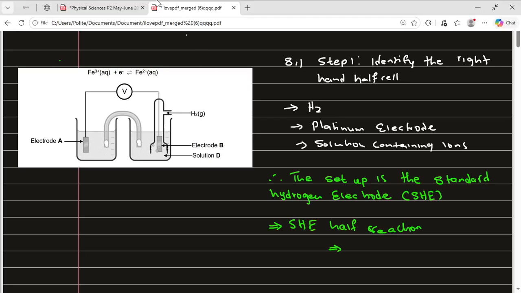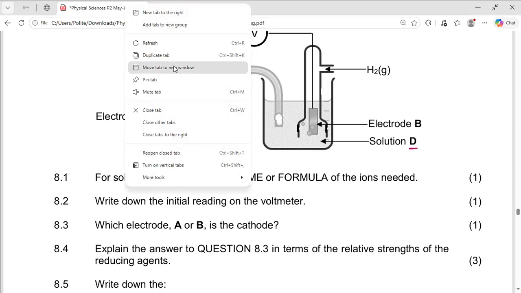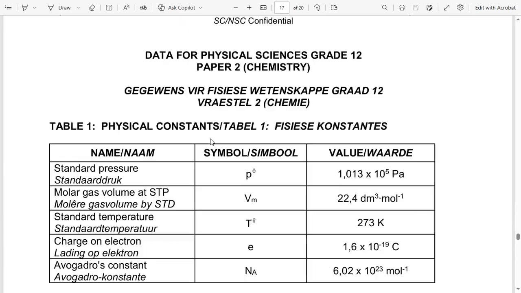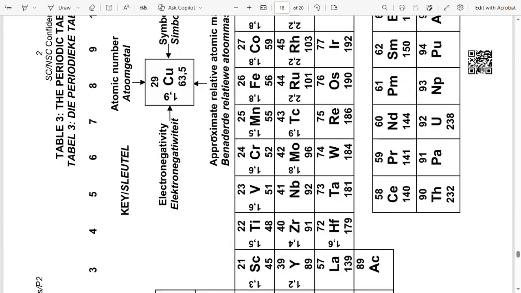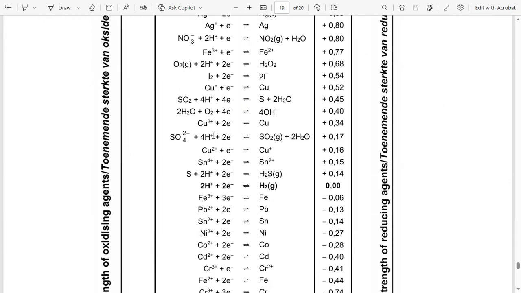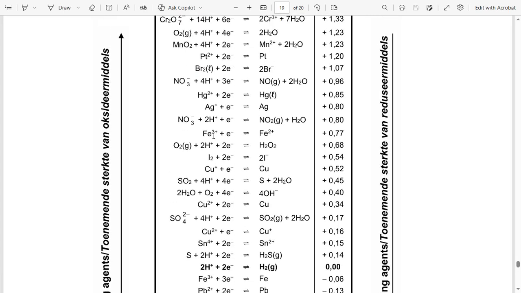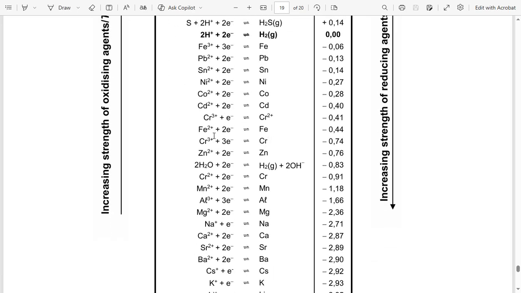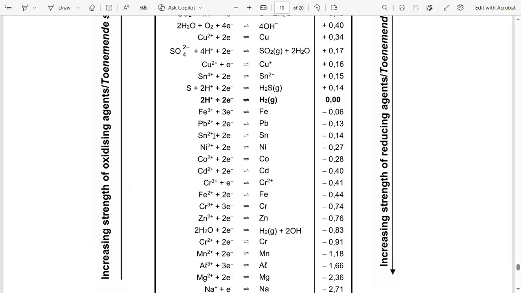Let me quickly duplicate this question paper here. Then we'll go to the back of the question paper and find that for hydrogen. Let me look at where is hydrogen.